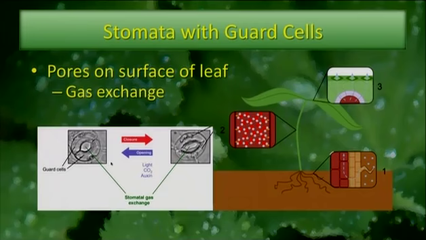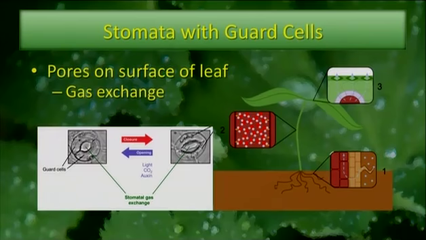Remember what we just talked about? Carbon dioxide is the gas that the plant uses to help make sugars, right? And oxygen gas is a byproduct of photosynthesis and given off. So when the guard cells are turgid or full of water, the stomate opens. So the stomate itself is a hole. It's like a pore in the leaf, okay?